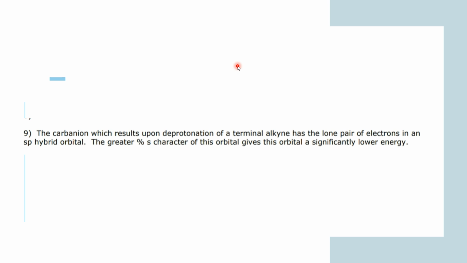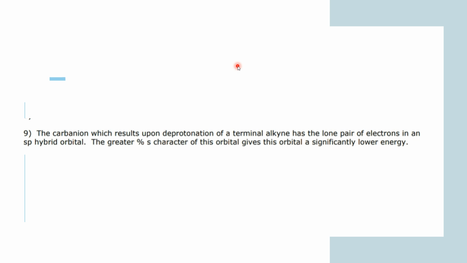So in the sp hybrid orbital, the bond that was present between carbon and hydrogen, the acidic hydrogen, has been broken now, and the extra lone pair of electrons will be present in the sp hybrid orbital left. We know that in an sp hybrid orbital we have 50% s character and 50% p character.